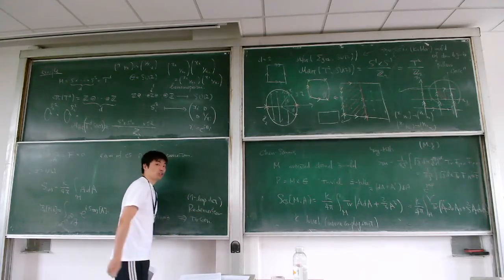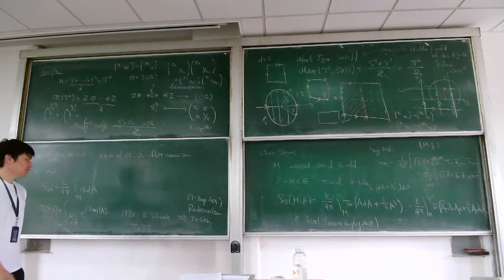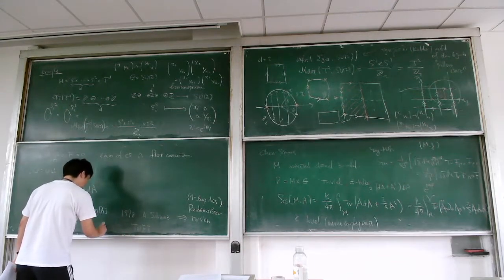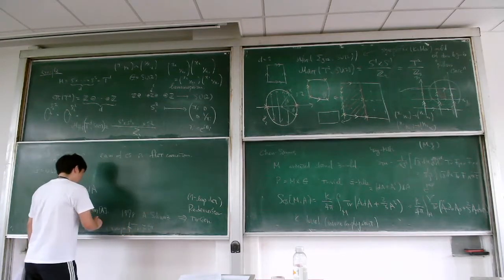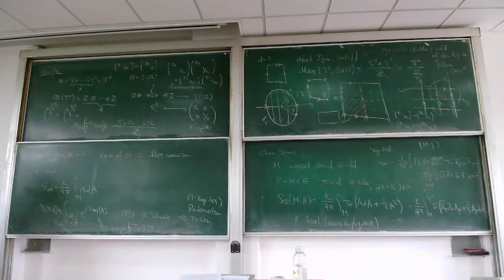Unfortunately, this is not a lecture on QFT, so I'm not going to explain this one, but this is the first example of a TQFT that appeared in the literature. 1978, Albert Schwarz. Schwarz is a Russian mathematical physicist. He's a very unique character, really original. All of his books are very original.